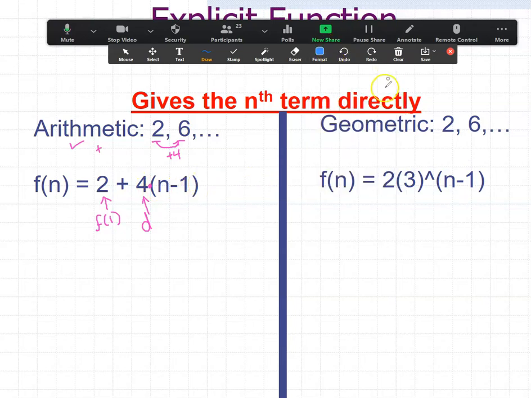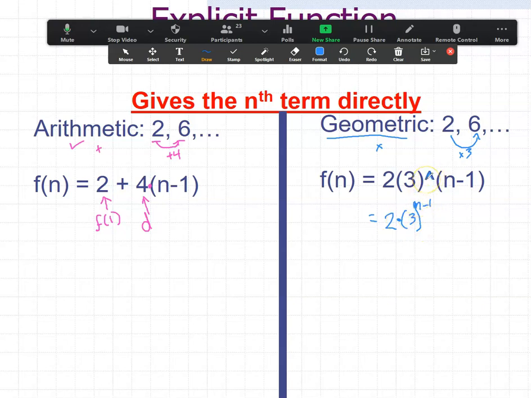Versus geometric. Geometric has to do with multiplying or dividing. You see that from 2 to 6, it's times 3. So then on the formula, this looks a little weird, but let me rewrite it here. This would be 2 times 3 to the power of n minus 1.